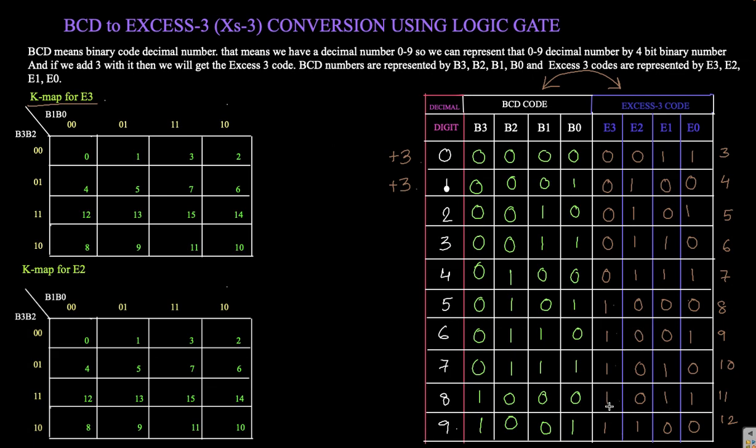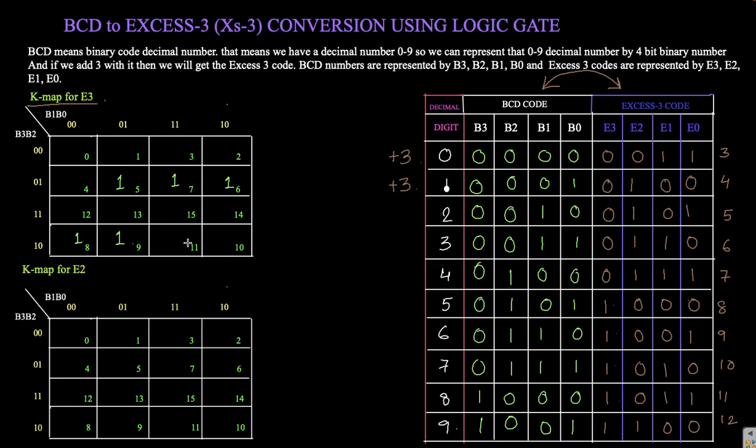So considering the ones, this is the sum of product form, with B0, B1, B2, B3 written here. So it is an SOP form. We are taking the 1s at 5, 6, 7, 8 and 9.